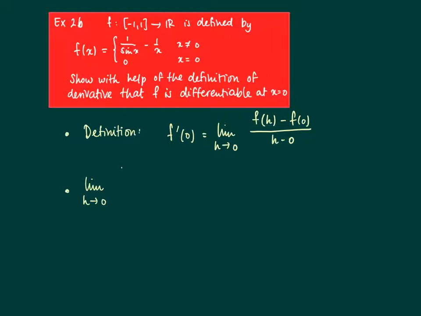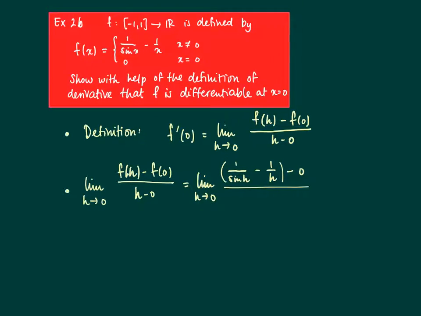Well, we try to calculate it. The limit of h going to 0 of (f(h) minus f(0)) divided by (h minus 0) equals a limit of h to 0, and here again we may use the fact that h is not 0, so f(h) is actually this part of the definition of f, divided by h, which is, if we take the proper terms together, (h minus sin h) divided by (h squared sin h), a trick that we used in part 2a.